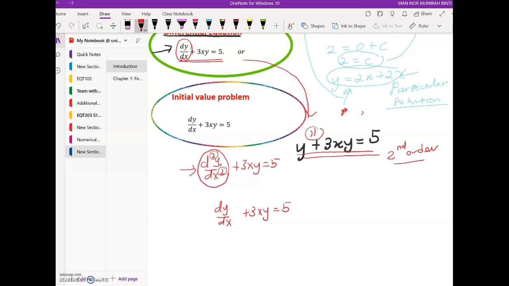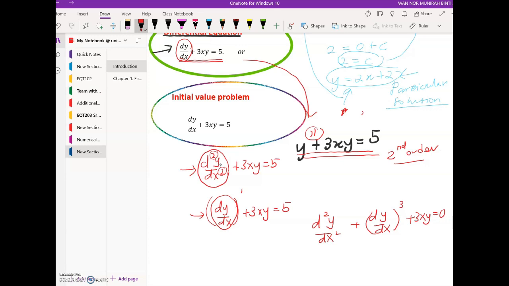This is a differential equation with order 1, and the degree is also 1, because the highest derivative here is 1, and the power outside is also 1, so this one is first order and degree 1. For example, let's say you have d squared y over dx squared plus (dy/dx) cubed plus 3xy equals 0. This is also called a differential equation.